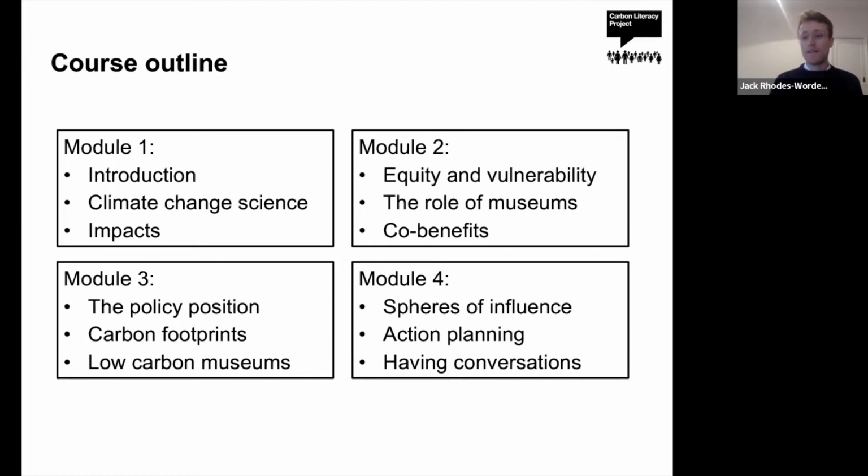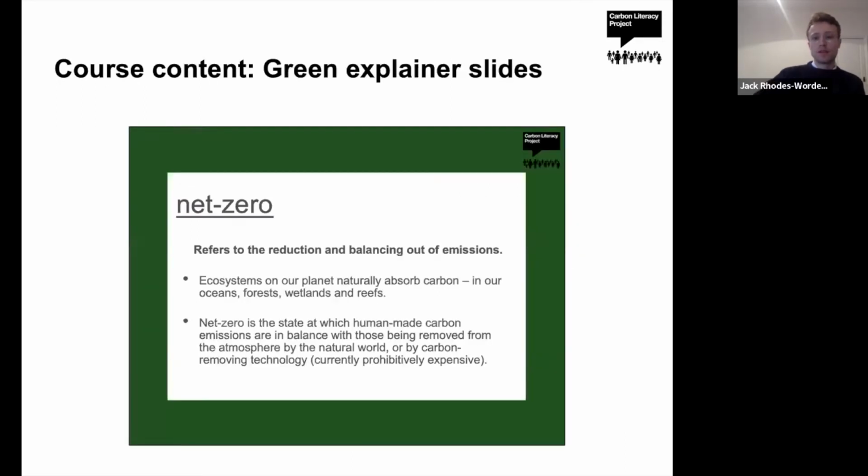And then finally, in module 4, staff will begin thinking about their actions, planning their actions, and also think about having conversations about climate change within their spheres of influence as well. And my colleague Ali will just give you some information about what you will actually find within the toolkit now.